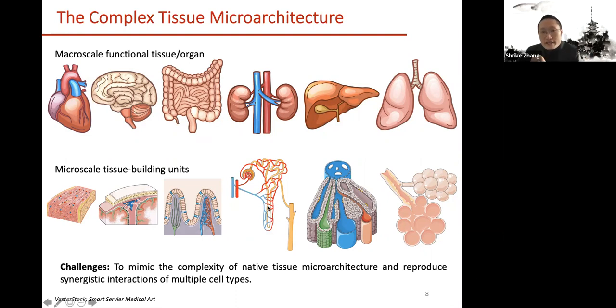And we can see from these images that these are very, very complex, having multiple cell types coming together, having multiple ECM, extracellular matrix, coming together in the right architecture in order for the macroscale tissue to be functional, right? So the challenges here really are how to mimic the complexity of the native tissue microarchitecture and how to reproduce the synergistic interactions of the multiple cell types.